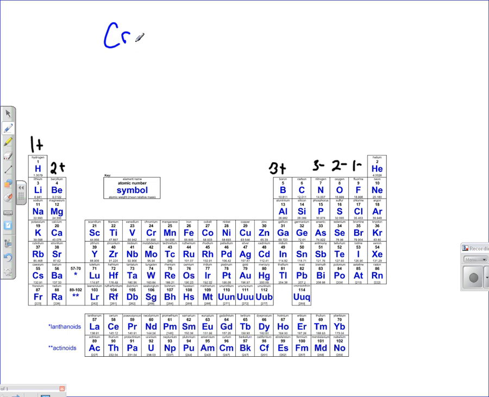CR, and this is going to be CrSO4. So I started out with the name, but I was incorrect. Chromium, and then we have sulfate.